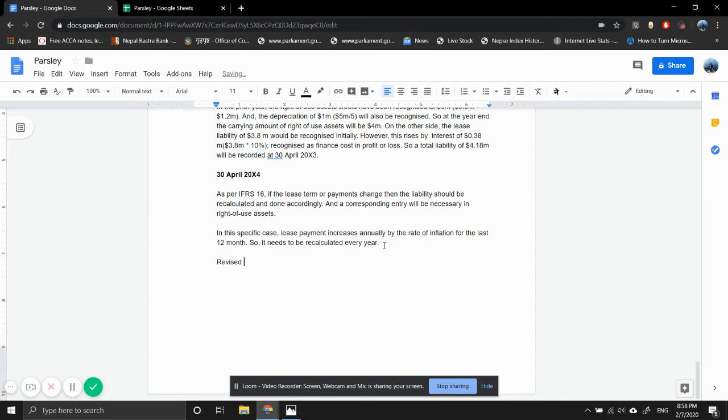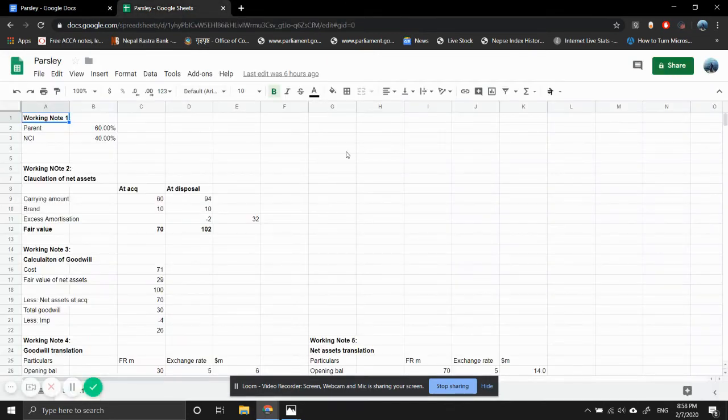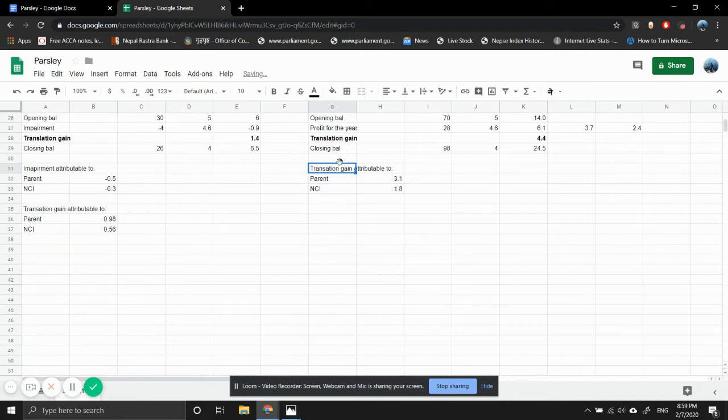Revised calculation. Right, so what I will do is I'll just bring it from here. So the date, we are at 1/5/20x3, right?